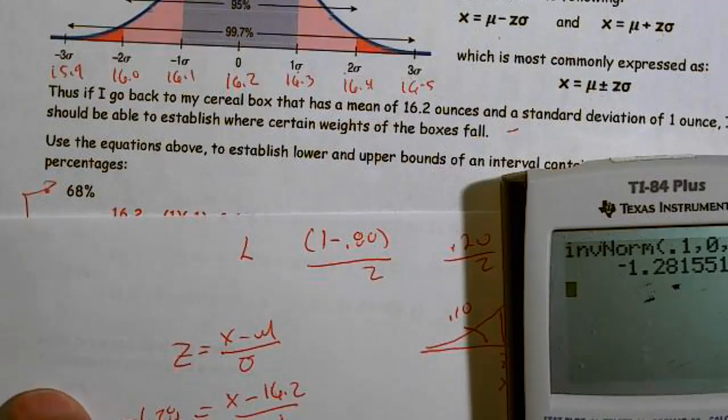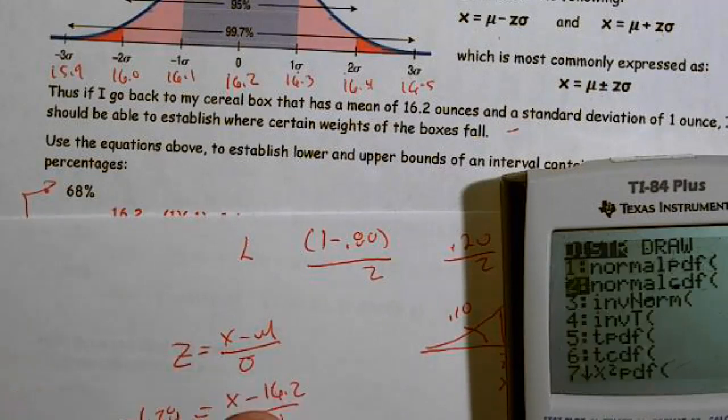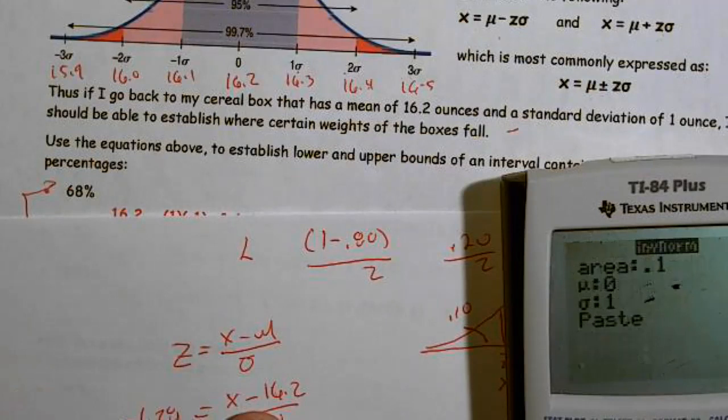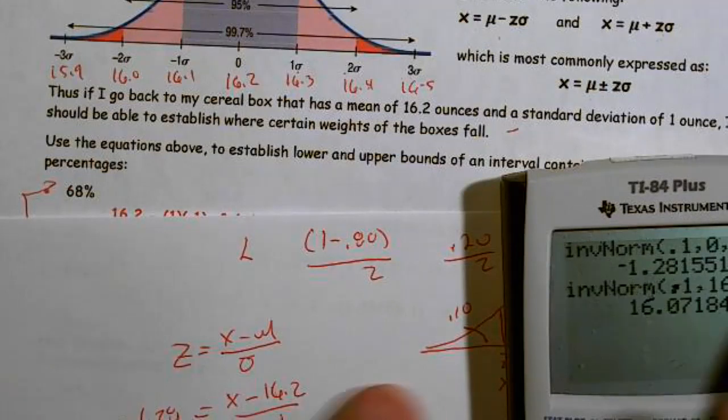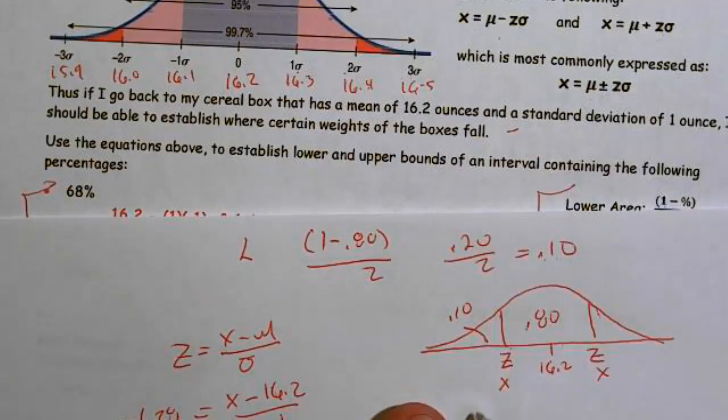And then we calculate it with the actual values: second vars, inverse norm, 0.1, mean of 16.2, standard deviation of 0.1, and we get our actual value, 16.07. So 16.07 is my lower bound.